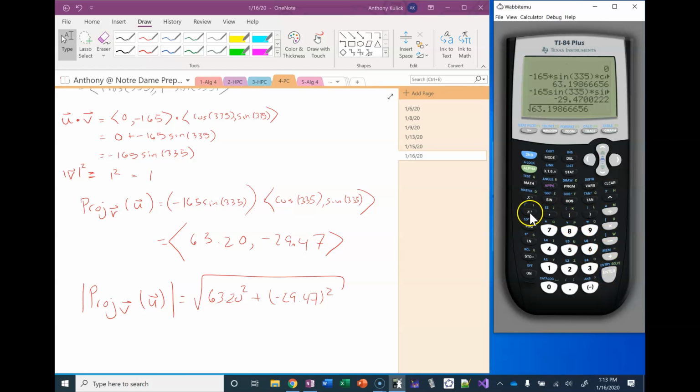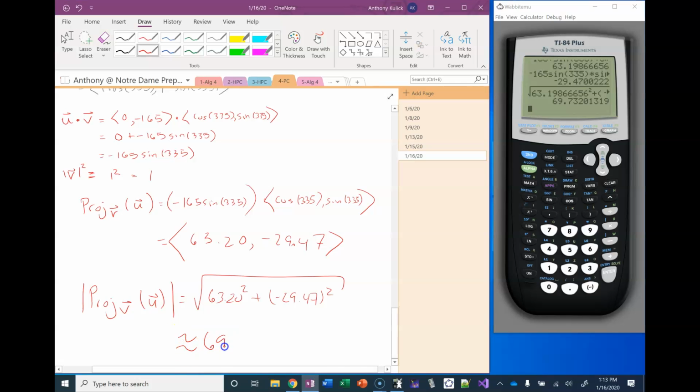So I have this piece squared plus, then I need to make sure I put the other one in parentheses since it's negative. I've got to be a little bit careful there. And that gives me 69.73. And since all my force units were in pounds, this is going to be in pounds as well.